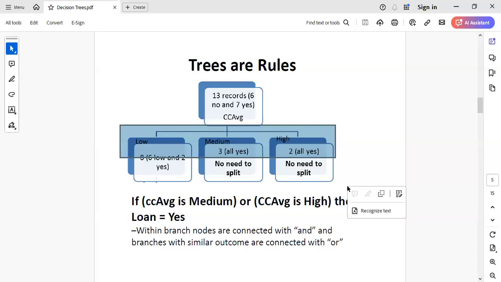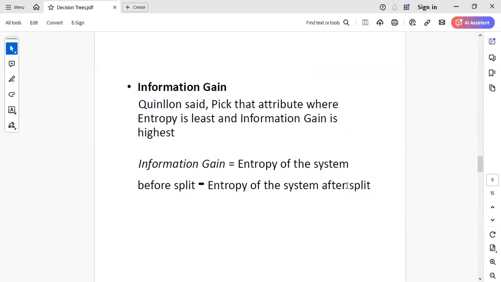Entropy at the beginning minus entropy after splitting, whatever amount we are left with, is known as information gain. The statisticians said, okay, it is good, we will stick with the term information gain, and whichever attribute has the highest information gain, we will choose as the root node. Entropy was lowest, but for information gain we will apply this on each and every independent attribute.